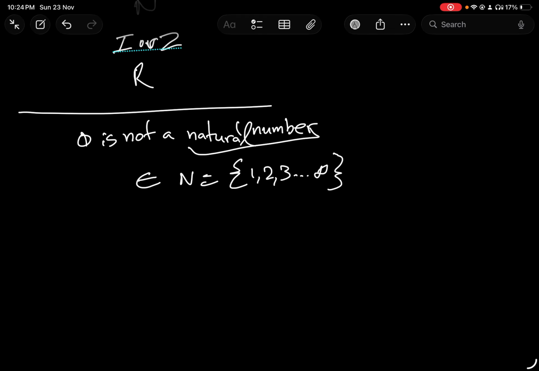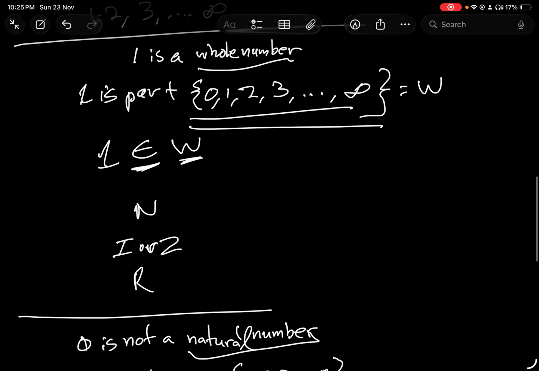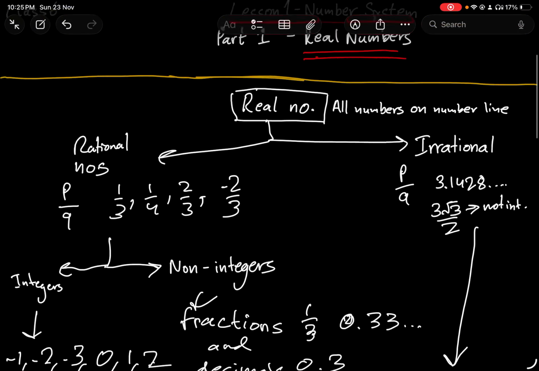So if you want to say that 0 does not belong to N, we use the not belong to symbol, and we put a cross over it. Same with the equal to symbol. If you want to say 0 is not equal to 1, we use a cross over the equal sign. So this symbol is for belonging to whatever set we are talking about, like natural numbers or integers. A set can be any group of numbers.